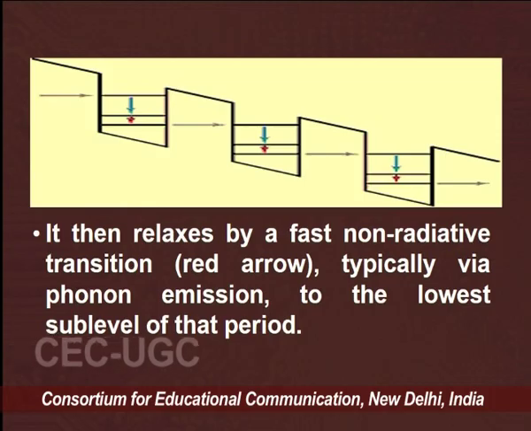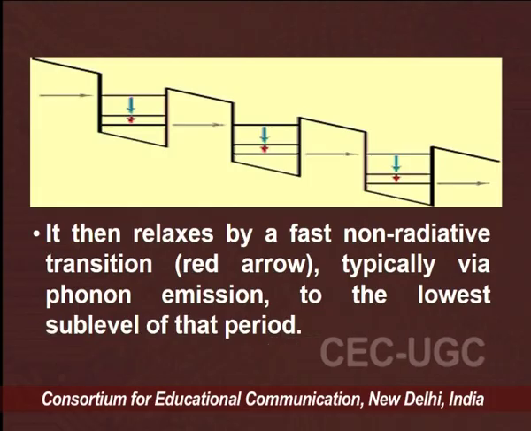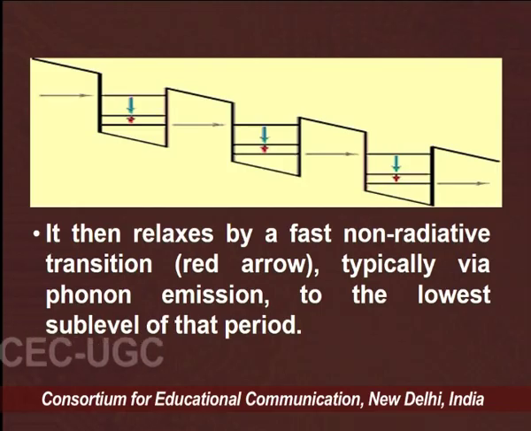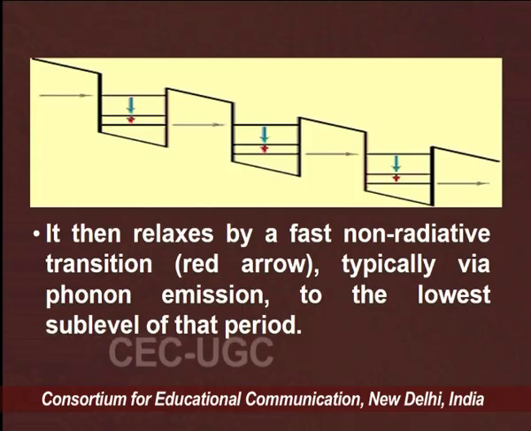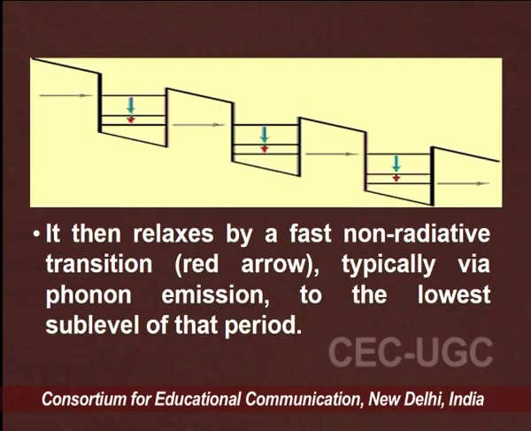Now we talk about the red arrow. The electron then relaxes by a fast non-radiative transition, that is through the red arrow, typically via phonon emission, to the lowest sublevel of the ground, meaning all the electrons come to the ground level.